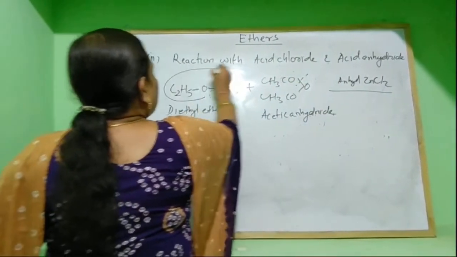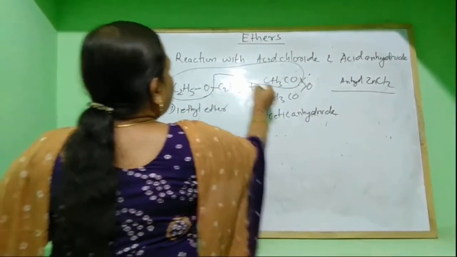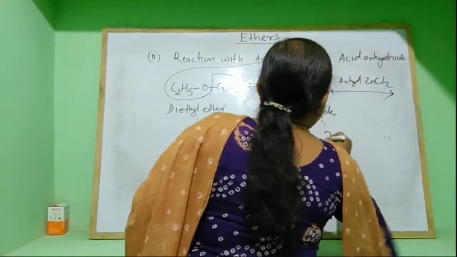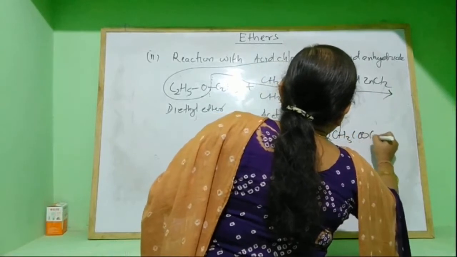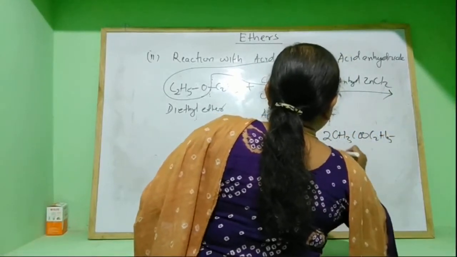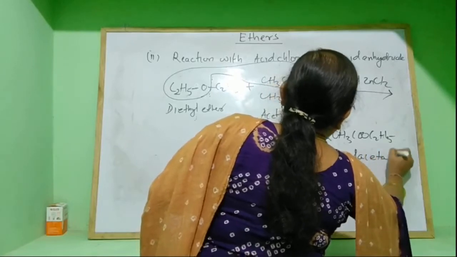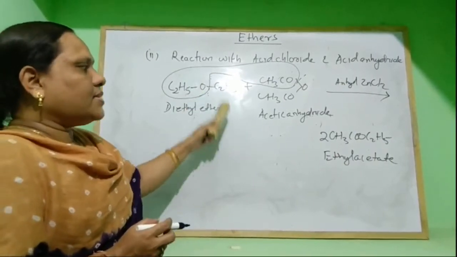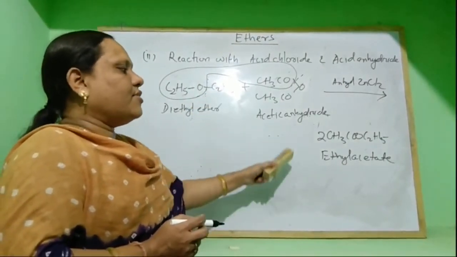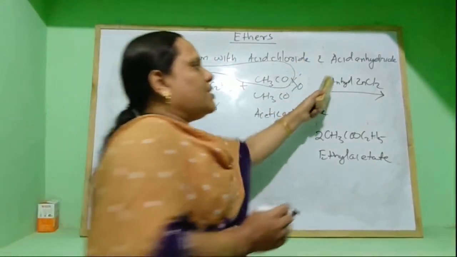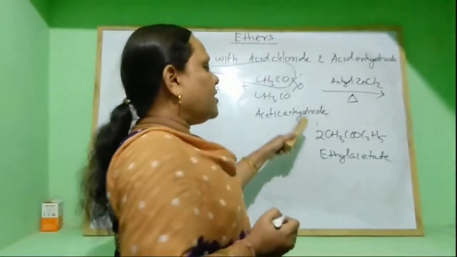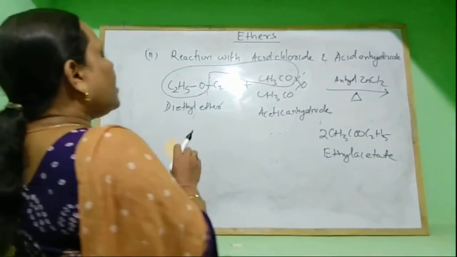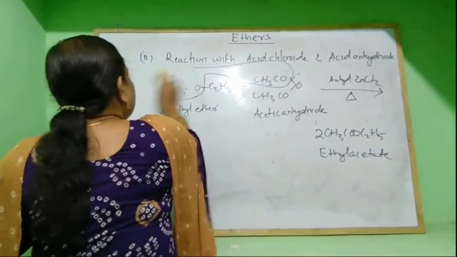So this part forms one ester and this part forms another ester. In this way it gives 2 CH3COOC2H5, ethyl acetate. So only esters are formed.